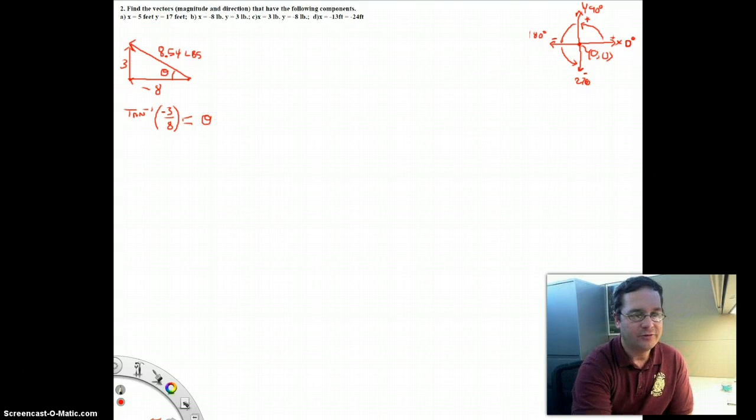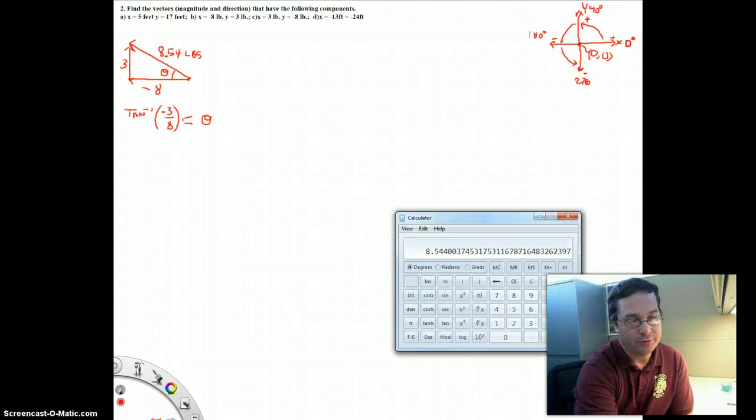So now we just use our calculator, or we could also use a trig table, but it's just as easy to do 3 divided by 8, and then we'll make that negative, so here's the plus minus symbol, and then we will use the inverse function. Oops, wrong key.